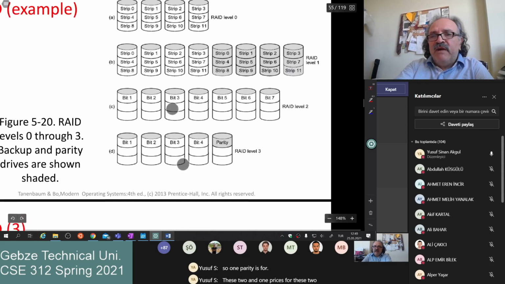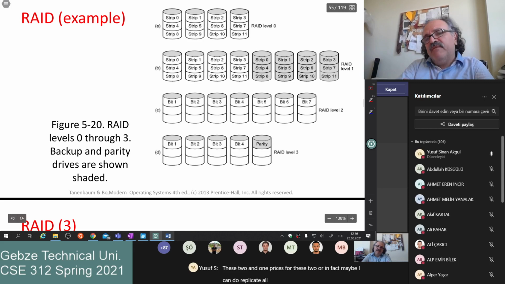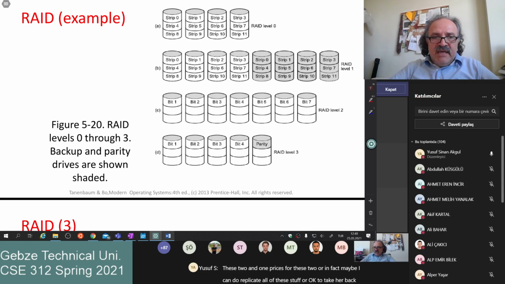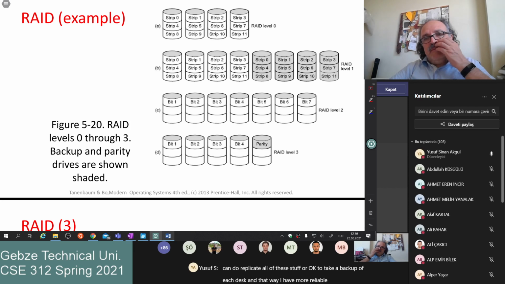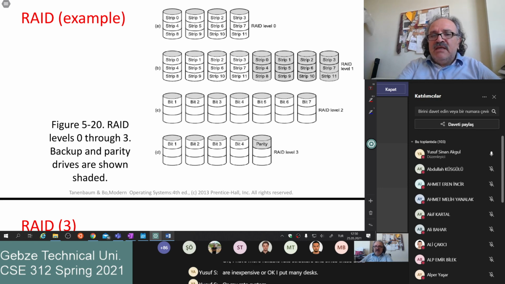Or in fact, maybe I can replicate all of this, taking a backup of each disk, and that way I have a more reliable RAID structure. Since these disks are inexpensive, I put many disks in my RAID system, and reading is parallel.